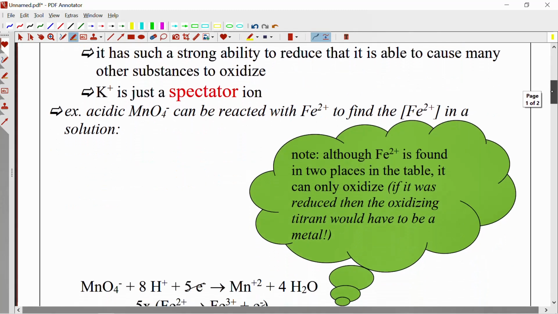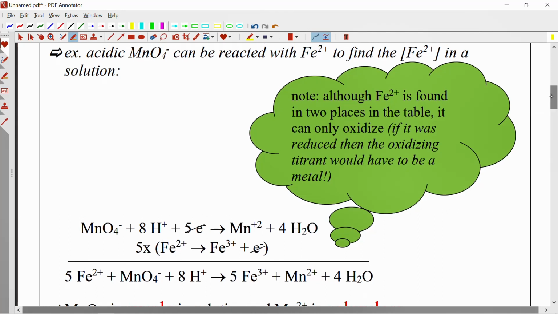So for example, acidic permanganate can be reacted with iron 2 ion to find the concentration of iron 2 ion in a solution. What I've done down below is show the reduction reaction with permanganate ion. Just below that, iron 2 ion is found on the right side of our table.